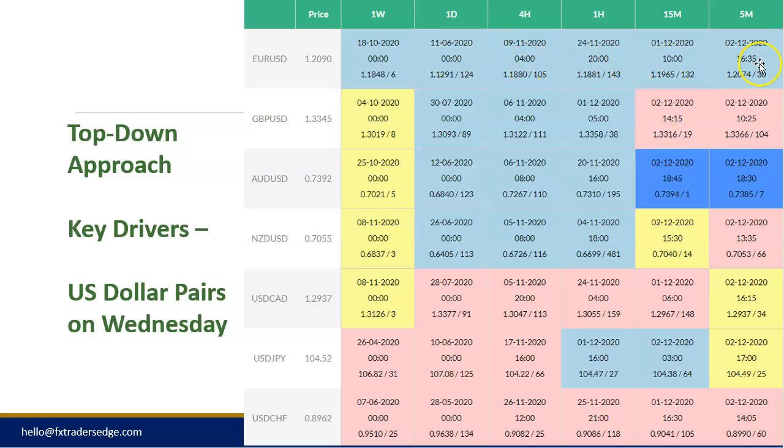If all of the boxes are blue and then the 5-minute turns red, we know we're having a correction if the trend is still entrenched, moving higher. And then once we have that correction and we have the shorter time frames red, we look for the 5-minute to turn blue to join the trend again. And we can be alerted to this. We can send an email to ourselves to say, let me know when the 5-minute turns blue again.